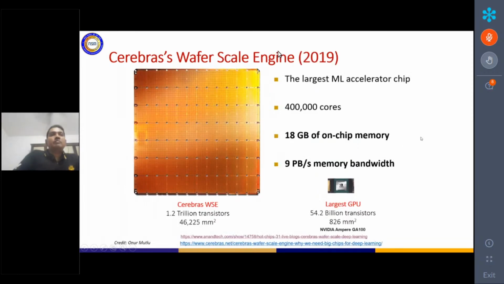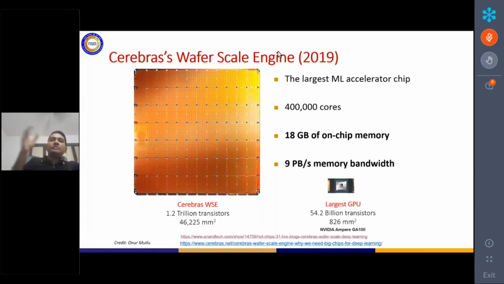Now, from the AI computation point of view, I will give you one example of how much memory is deployed inside the chip itself to get larger memory bandwidth for running the AI benchmarks. So this chip or this proposal was published in the year 2019, and this is the Cerebras wafer scale engine. Basically, this whole chip is one wafer itself, and all the other chips that you see are separate.